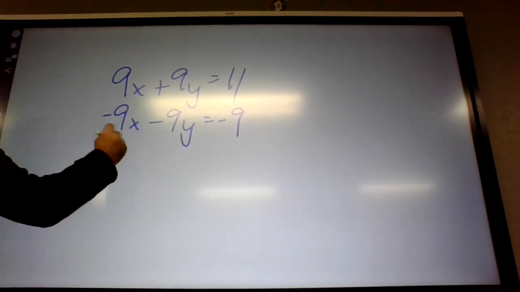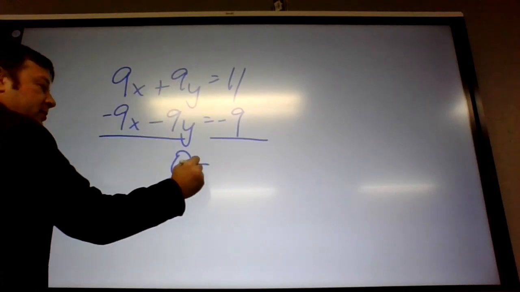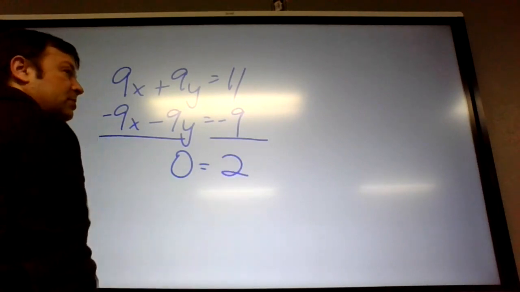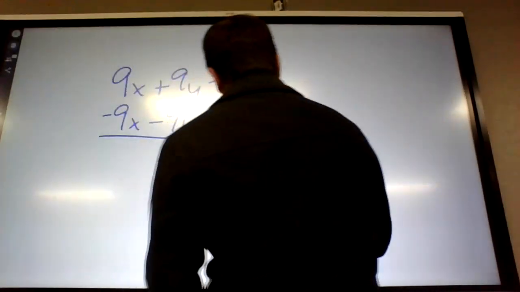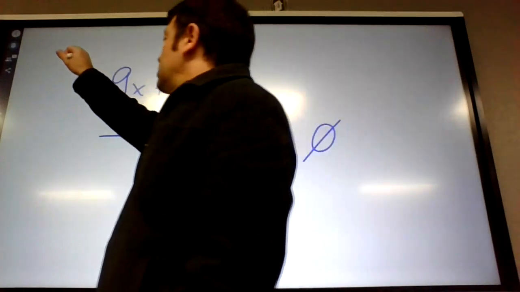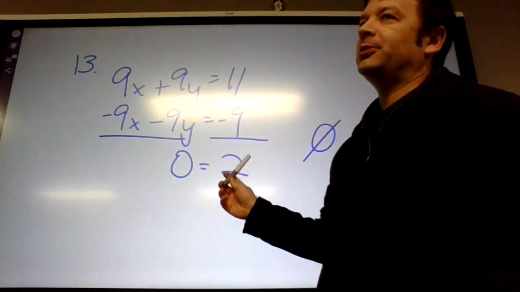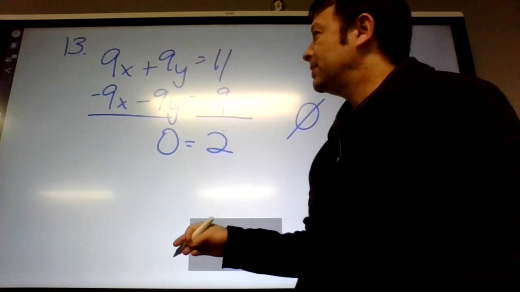Okay, if we add these two lines together, the x's go away and the y's go away. So there's nothing over there, 0. The right side is 2. So it's a false, like nonsense statement. That means nothing works. So this is no solution. Number 13. Okay, even if it's no solution, I do expect to see a little bit of work. All right, so like 0 equals 2. Same.